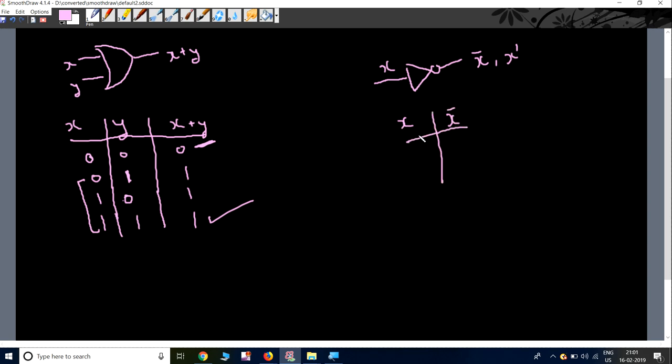Since we have only one input, 2 raised to the power 1 is 2 possible combinations. So x can take only 0 and 1, and x complement would be 1 and 0. So remember that the NOT gate will always give you the complement of the input. If you give the NOT gate 0, it will give you 1 as the output, and if you give your input as 1, your output would be 0. That is the complement or prime of the input.